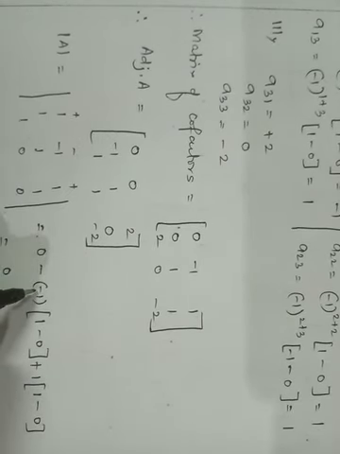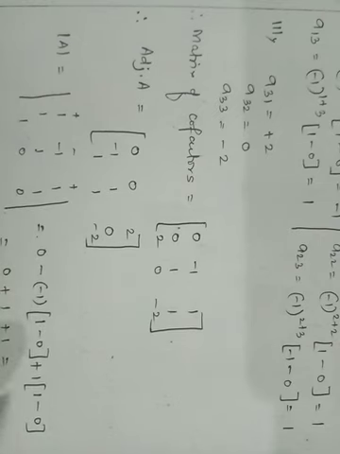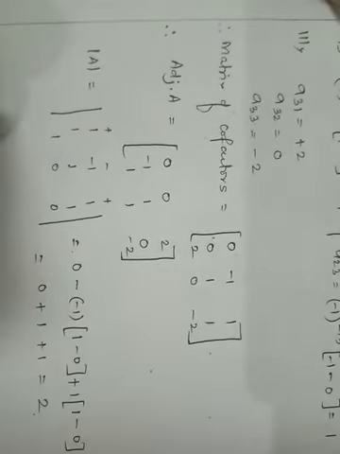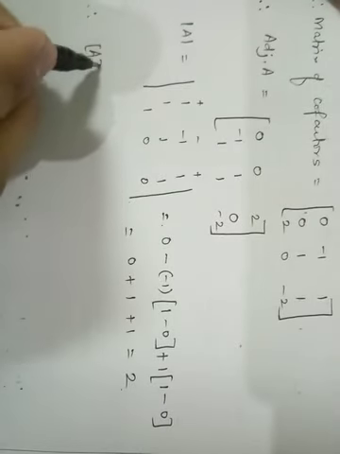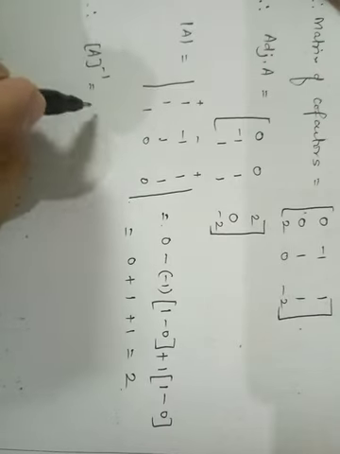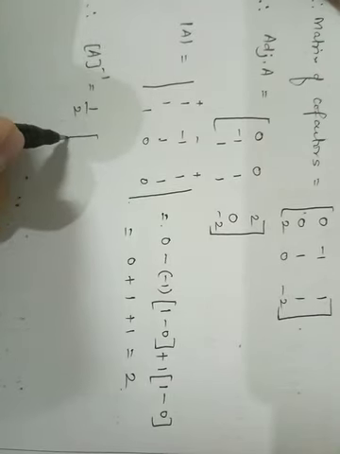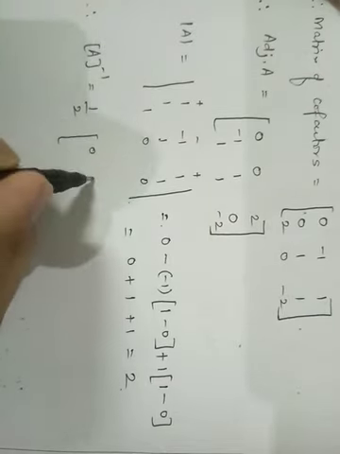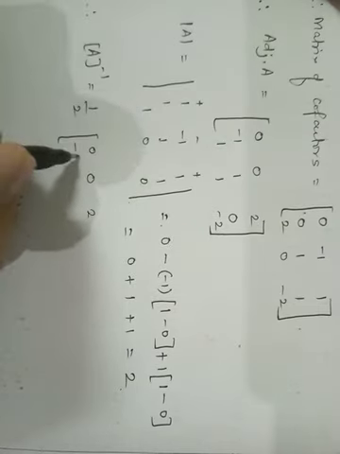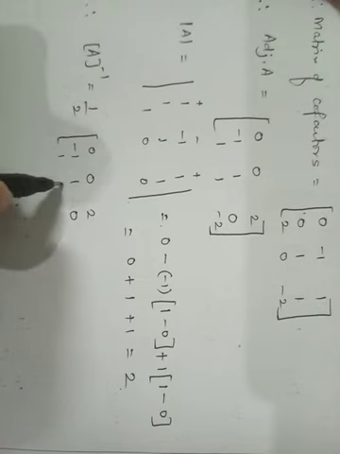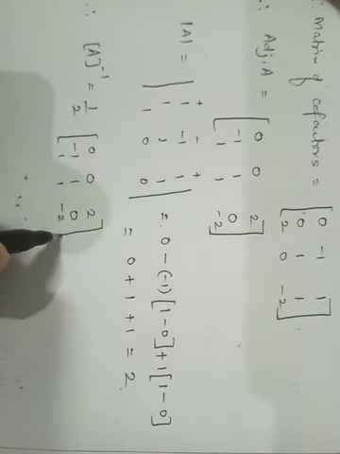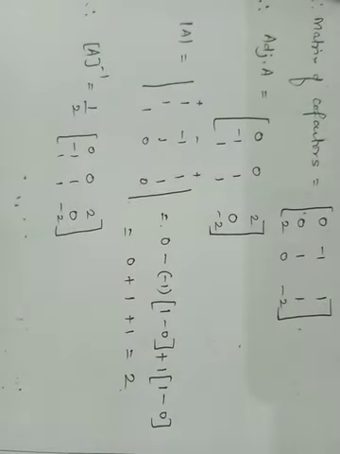Minus into minus will be plus, 1 into 1 is 1 plus 1, so it is 2. Therefore A inverse can be written as 1 by 2 times [0 0 2; -1 1 0; 1 1 -2], right? So this is the value of A inverse.